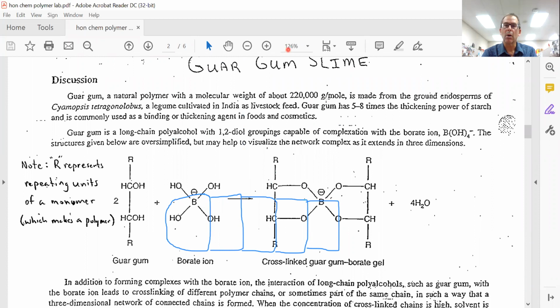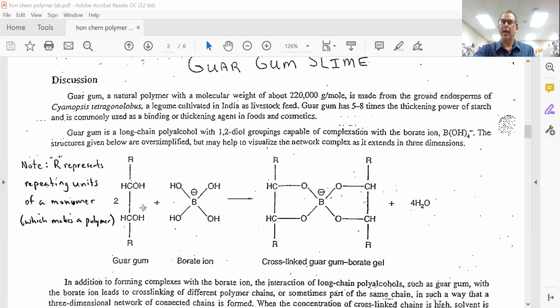Now, let me erase this out. Haven't done this in a while. There we go. And I look at this, and what does an R mean? That's just kind of the on and on with the carbons continuing.